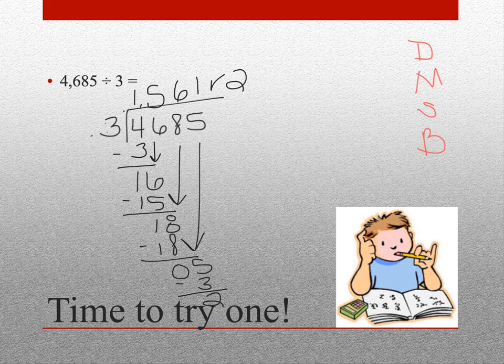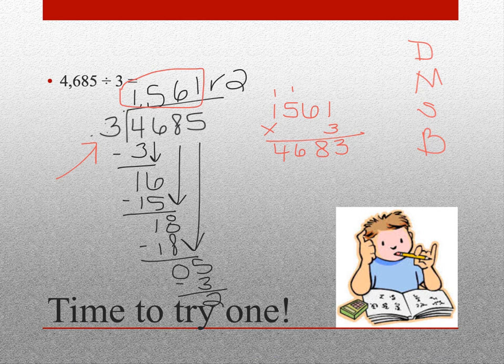Here's one that we're checking using a remainder, so this is a good example. I take the whole part of my quotient, which in this case is 1,561, and I multiply that by my divisor, 3. So 1 times 3 is 3. 3 times 6 is 18. 3 times 5 is 15, plus 1 is 16. 3 times 1 is 3, plus 1 is 4.